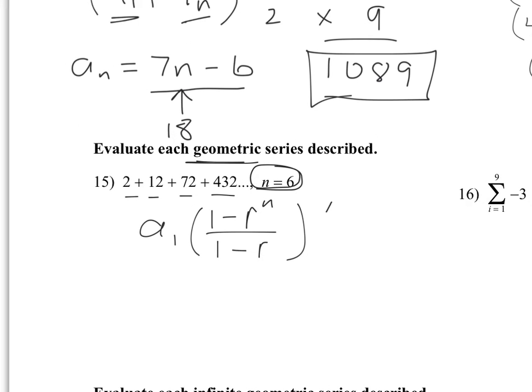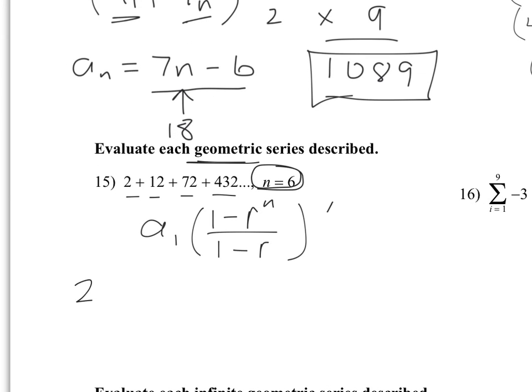So the first term is 2, and it's 1 minus the common ratio of 6, and then we're adding 6 terms, so n equals 6, over 1 minus 6.